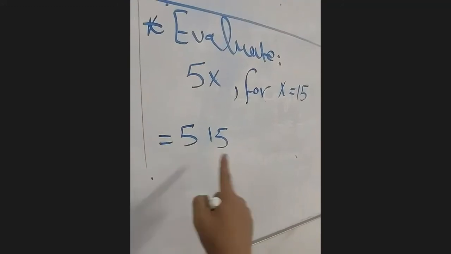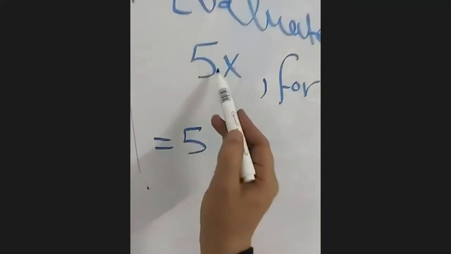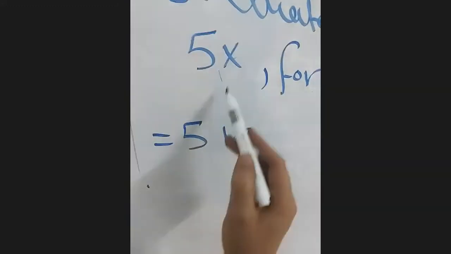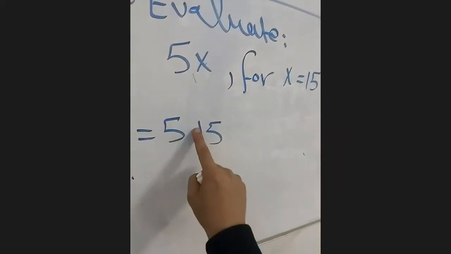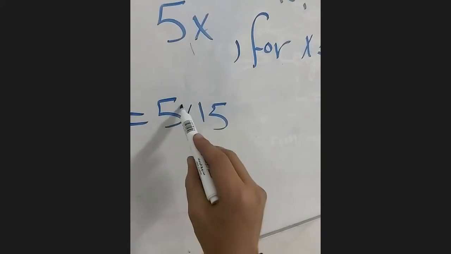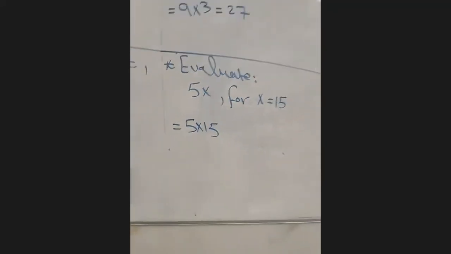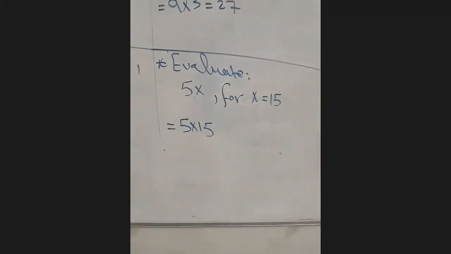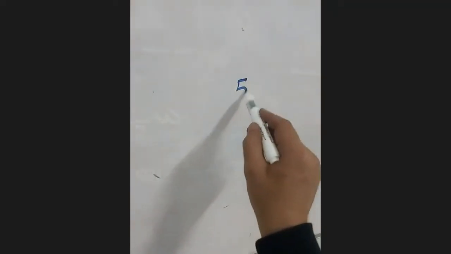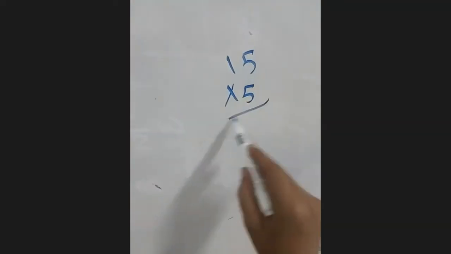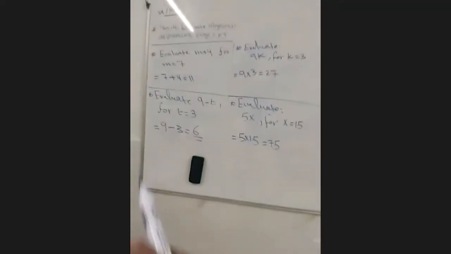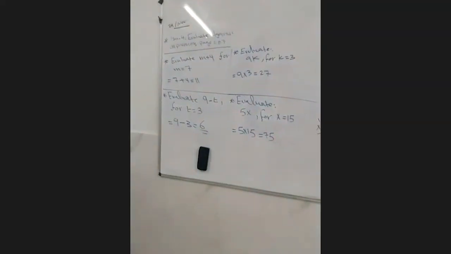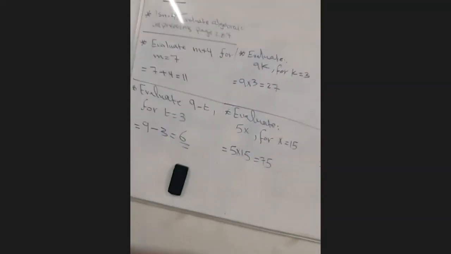This is wrong. Do not write like this. What we have here is multiply, and now I replace x with the number. So here I need to write what between them? 5 multiply 15. And you will make your multiplication with 15. It will be 75. So this is 75. This is the idea, guys, of how to deal with algebraic expressions.